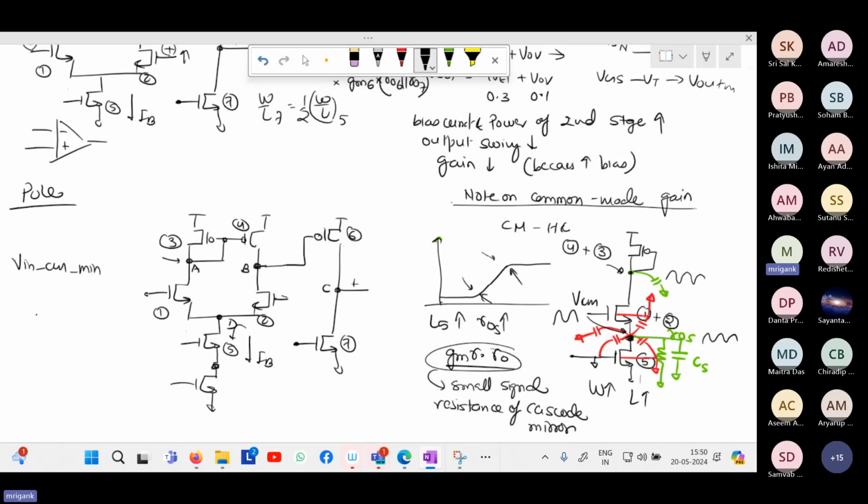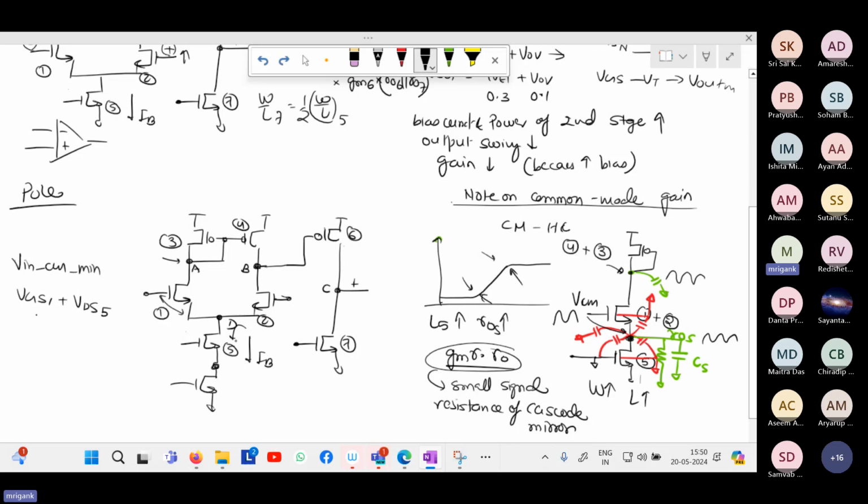That means the input common mode range, the minimum value of the input common mode voltage that you can apply will depend upon VGS1 plus the VDS of M5. Earlier only this was the case. Because you need a VGS of M1 and you need certain VDS of M5 so that both are in saturation.